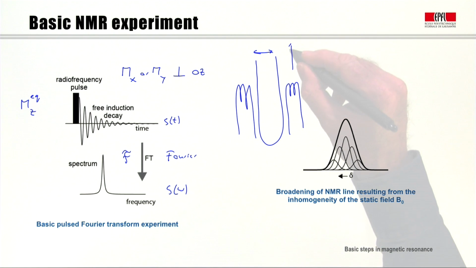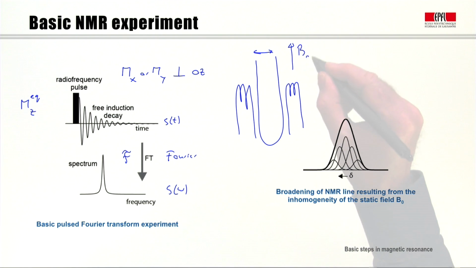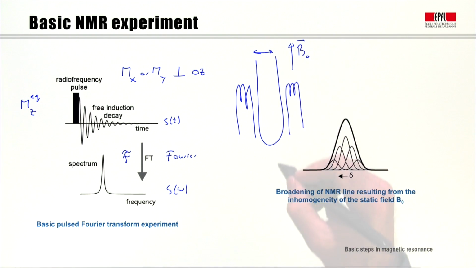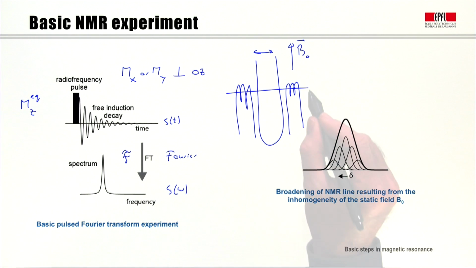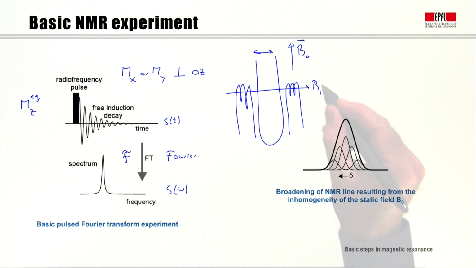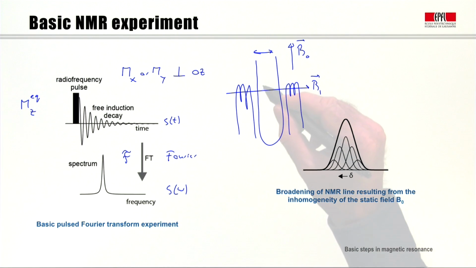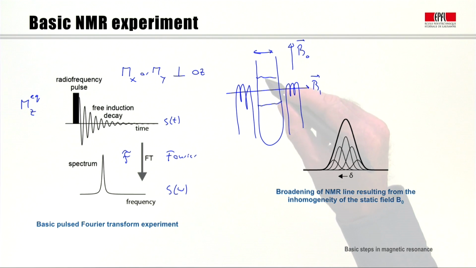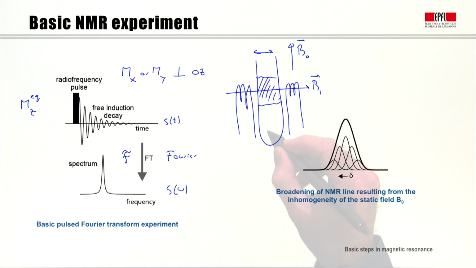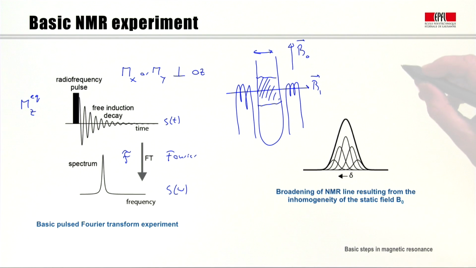The magnetic field, the B0 field, is parallel with the axis of the sample tube, whereas the B1 field, which is the radio frequency field, will be perpendicular to the Z axis. And in this kind of arrangement, it turns out that it's mostly the sample that is within the radio frequency coil that will contribute to the signal, whereas the sample at the bottom of the tube or above the RF coil will not significantly contribute.